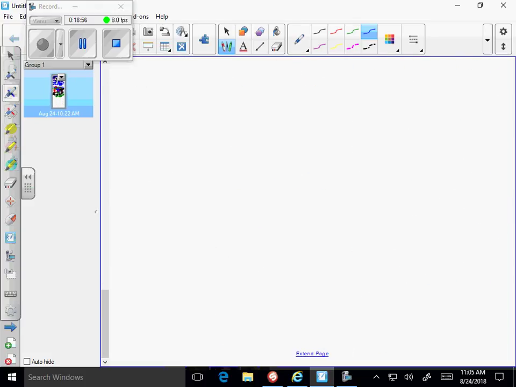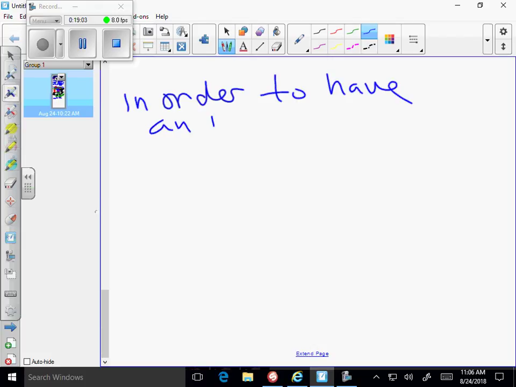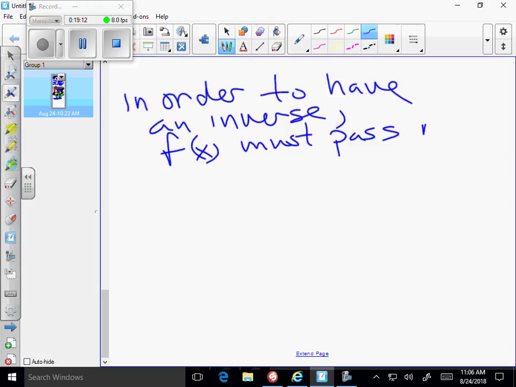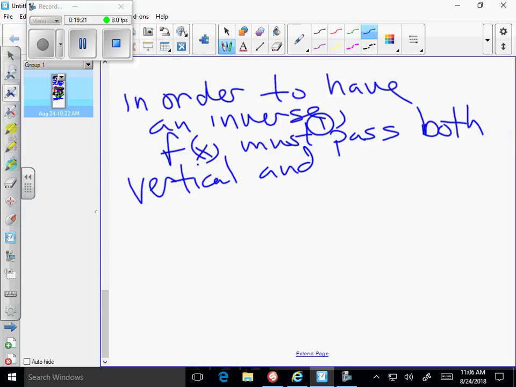Has to pass both. In order to have an inverse, f of x must pass both the vertical and the horizontal line tests.